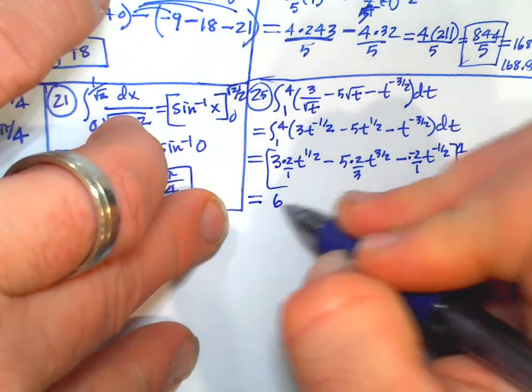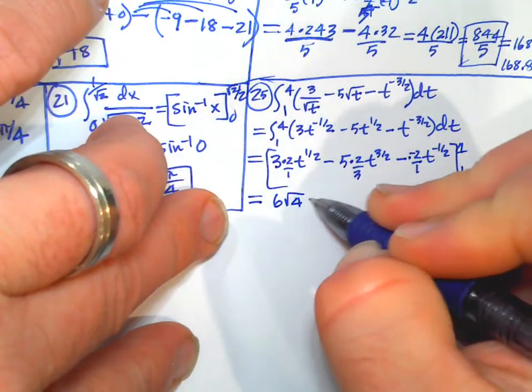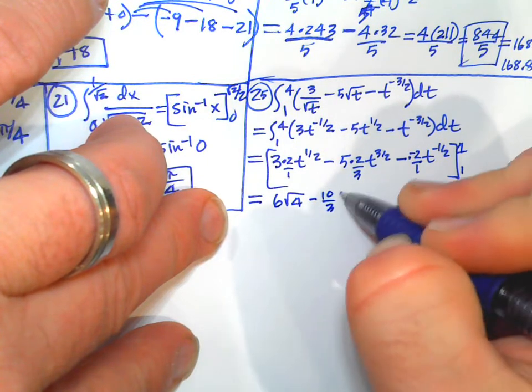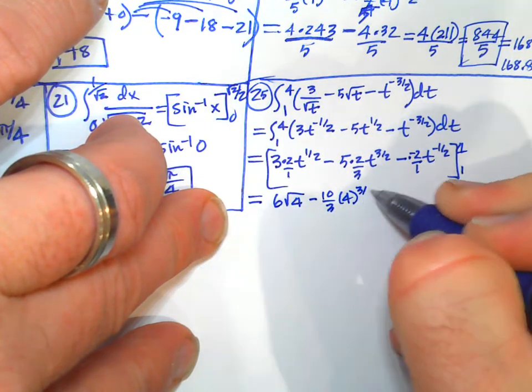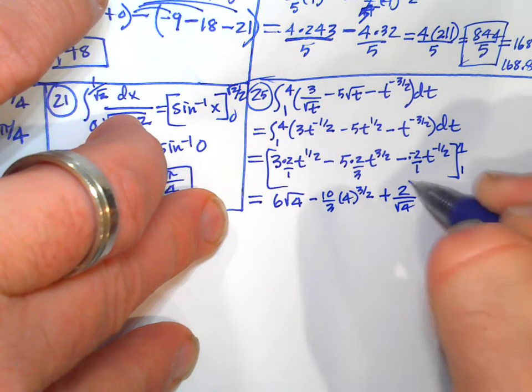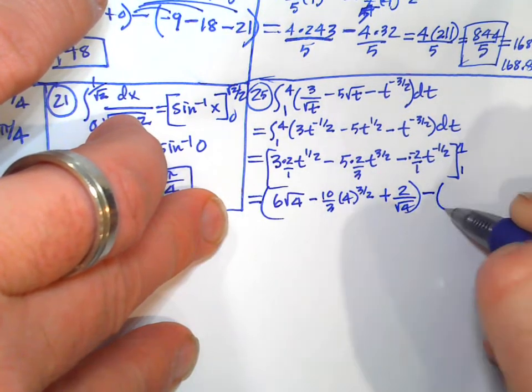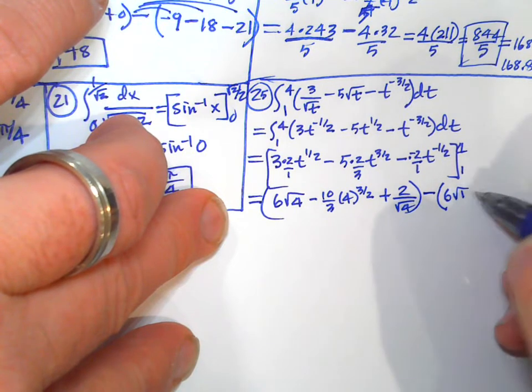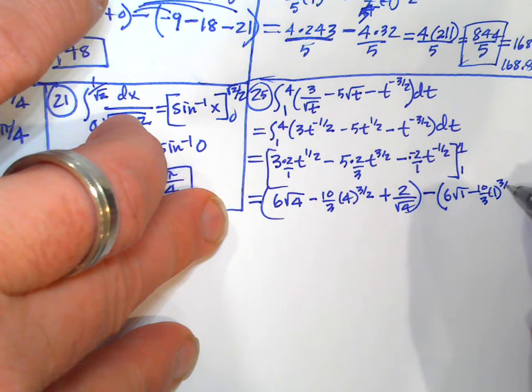So it's going to be 6 square root 4 minus 10/3 4 to the 3/2 plus 2 over the square root of 4 minus, you can plug 1 in, 6 square root of 1 minus 10/3 1 to the 3/2 plus 2 over the square root of 1.